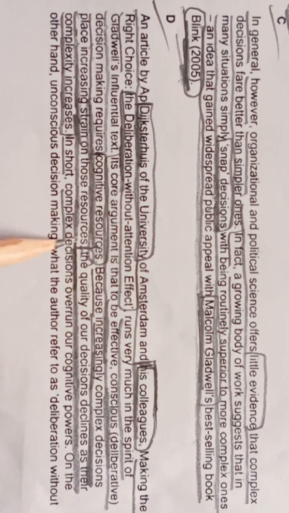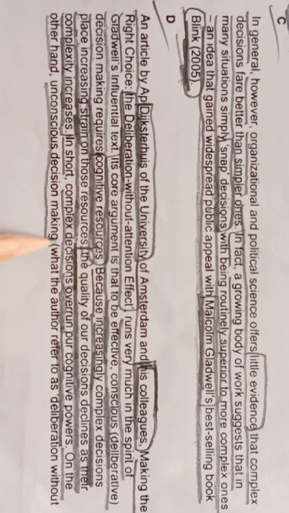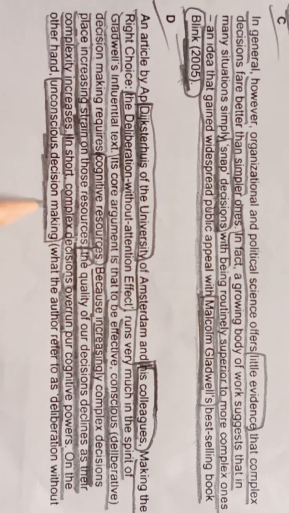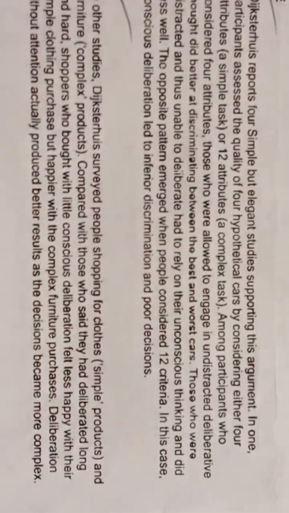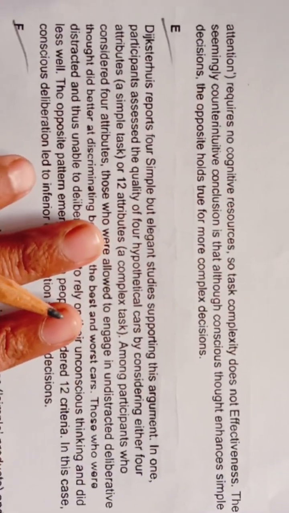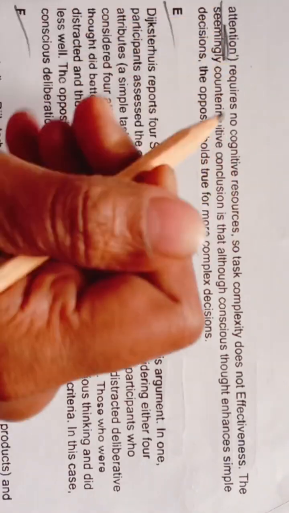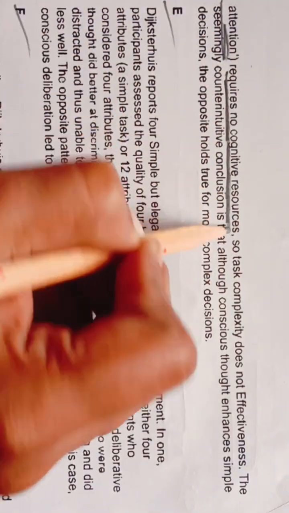In short, complex decisions overrun our cognitive powers. On the other hand, unconscious decision making, what the author refers to as deliberation without attention, requires no cognitive resources.